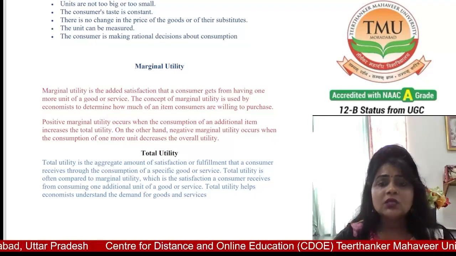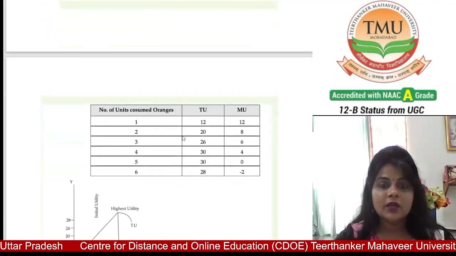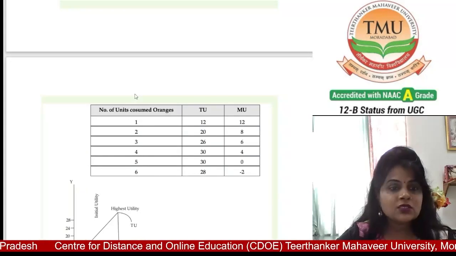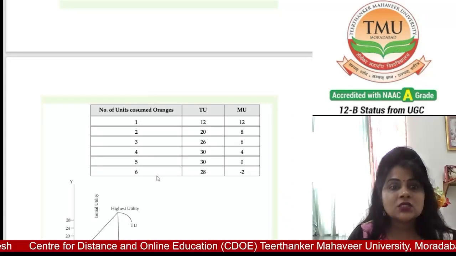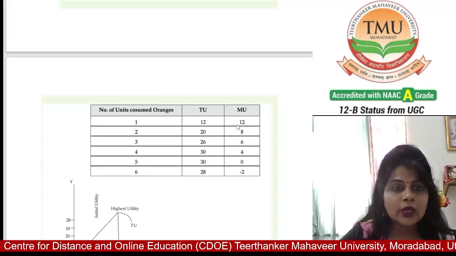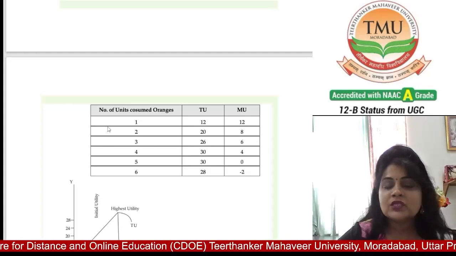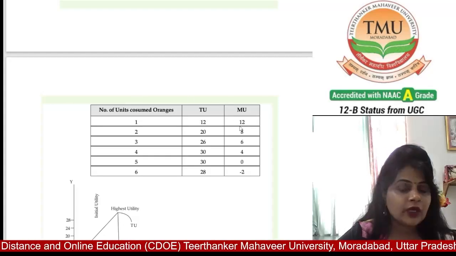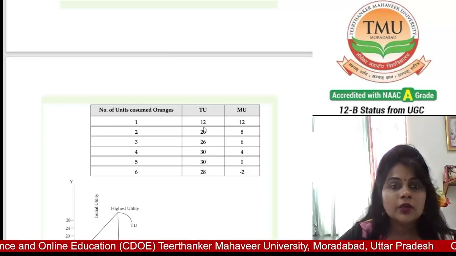So now, this law of diminishing marginal utility we understand with the help of a diagram. In this diagram, you can see that a person consumes six oranges. The first orange consumed gives him 12 utils. On the first unit, the consumer gets 12 utils, the marginal utility is 12, and total utility is also 12.